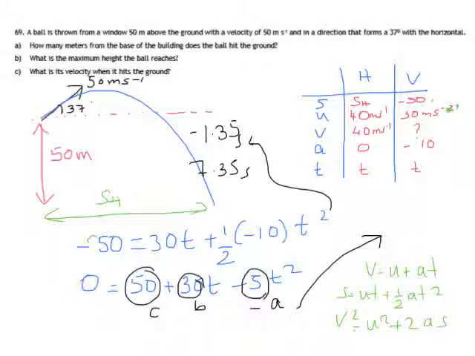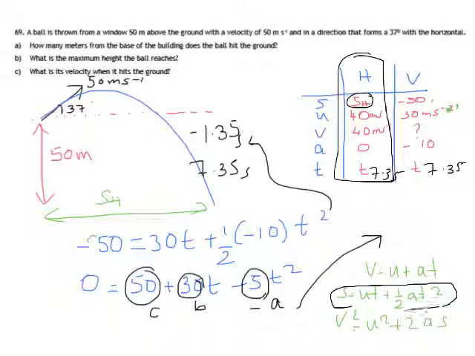Okay, now once you have time, we can put those values in. We can write down 7.35. You now have enough information in the horizontal column to find horizontal displacement. And in fact, you use exactly the same formula. But this time, we don't need the second section because horizontally there's no acceleration.